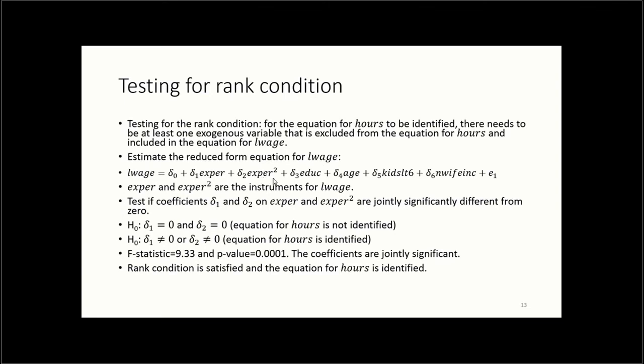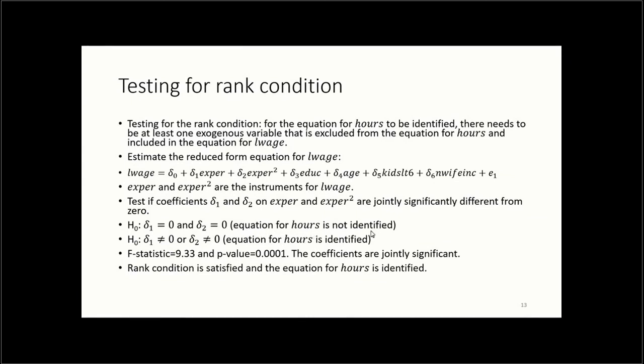Here we have log wage regressed on experience and experience square. These two are the instruments for log wage, and these are the exogenous variables which we can still put in this equation. So this would be equivalent to testing whether the coefficients delta 1 and delta 2 on experience and experience square are jointly significantly different from 0.